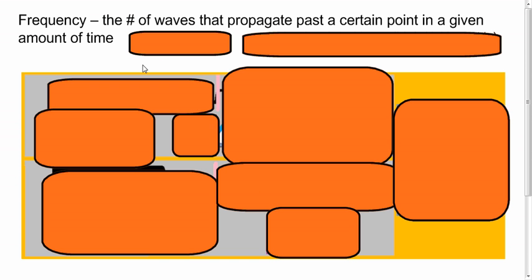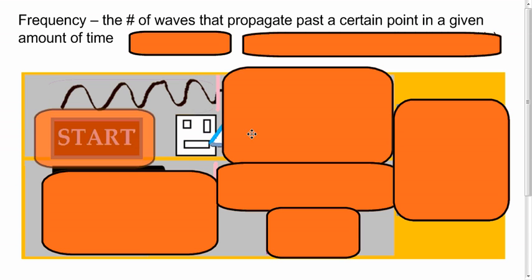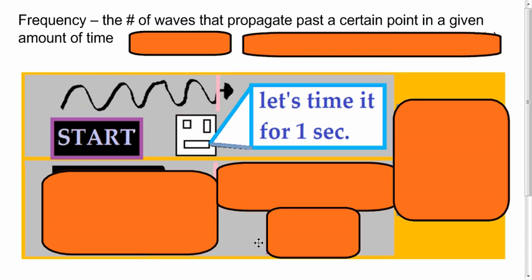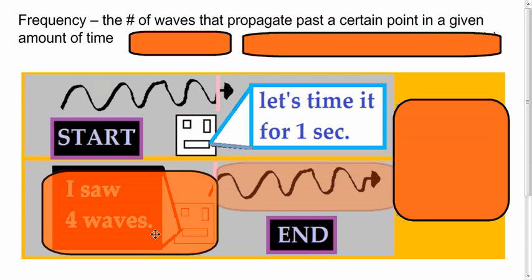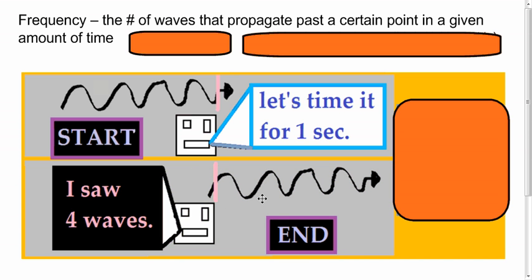Frequency is another really important term for describing waves. It's basically how many waves go past a certain point in a given amount of time. Let's say I had this wave at start, and I'm going to time it for 1 second. At the end, how many waves have gone by?